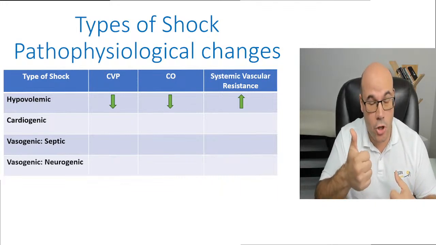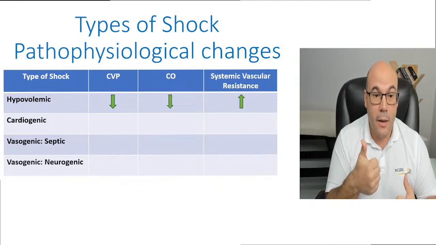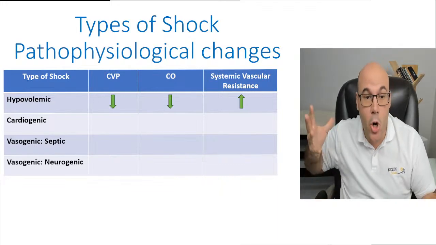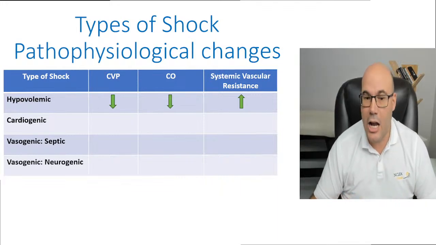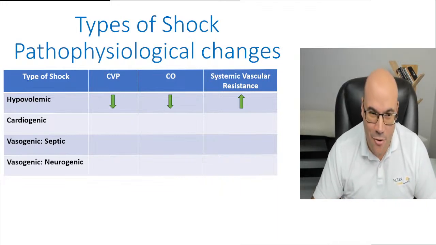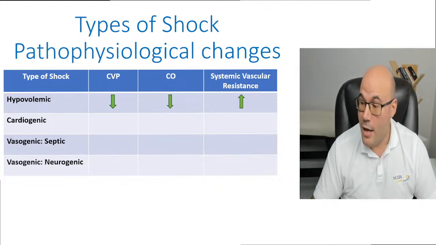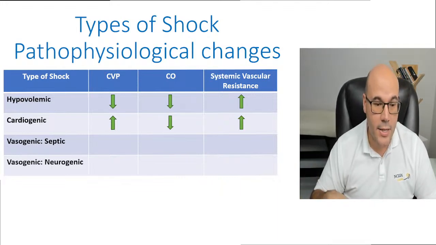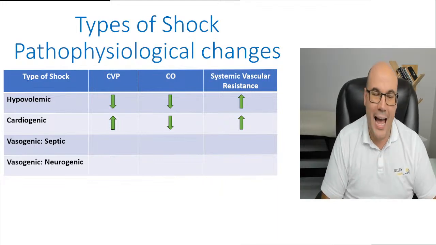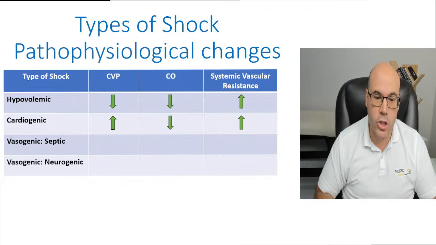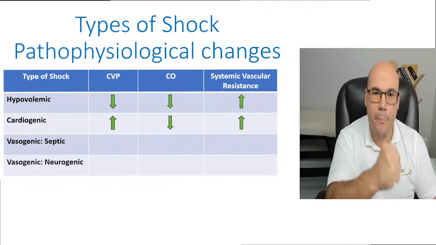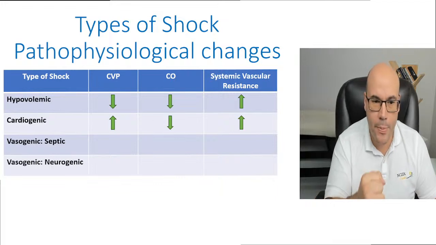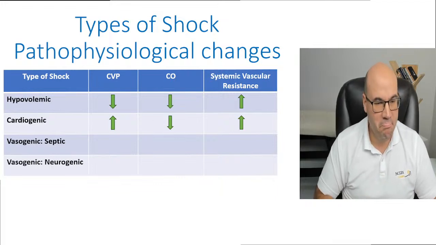The central venous pressure increases, but because the heart is not able to pump the blood out, the cardiac output is decreased. And still, as a compensatory mechanism, the systemic vascular resistance increases. There is activation of the autonomic nervous system producing vasoconstriction to compensate for the weak heart, but with negative results.